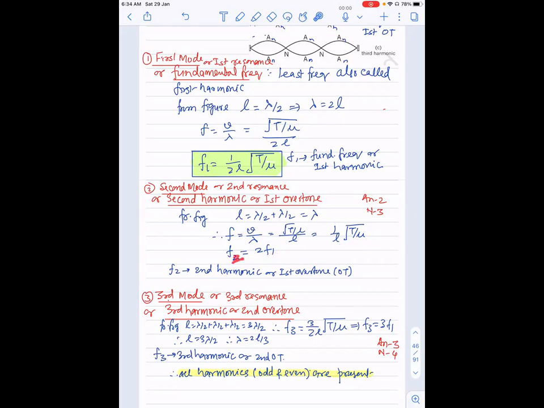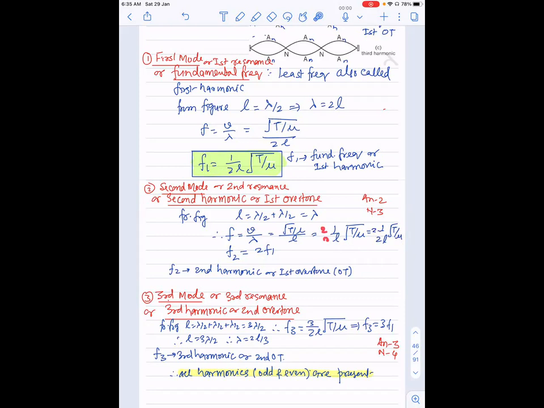We write this as F2. It is nothing but 2 into 1 by 2L into root of T by mu. So it is twice the fundamental frequency.